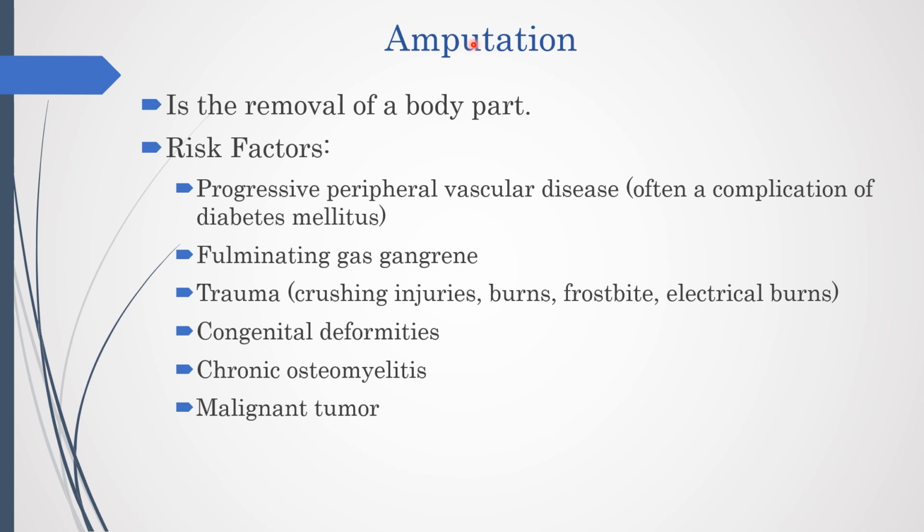These are not elective amputations; this condition, like trauma, is emergency amputation. Amputation is done to relieve the symptoms, to improve the function of the individual, and to save or improve the patient's quality of life.